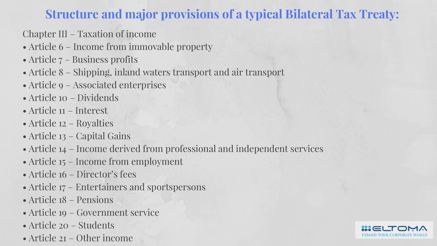Chapter 3 contains distributive rules of the treaties, which provide how the income should be taxed. So Article 6 covers income from immovable property. Article 7 covers business profits. Article 8 covers shipping, inland waters transport, and air transport.